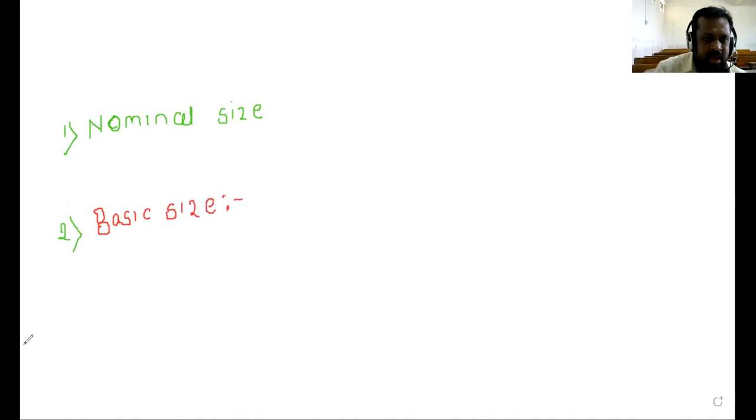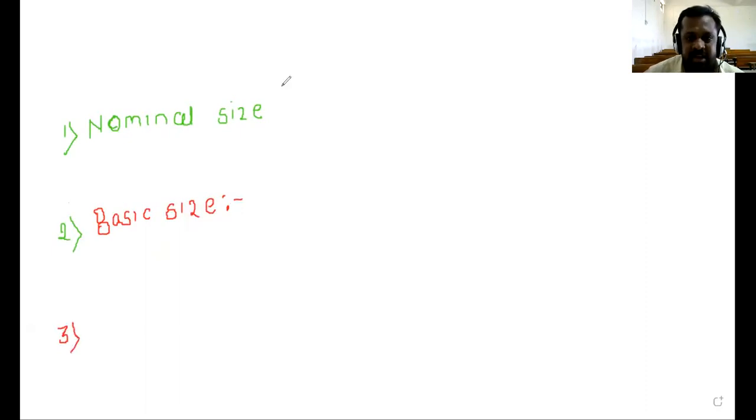Then what is meant by the basic size? And the third is the actual size.